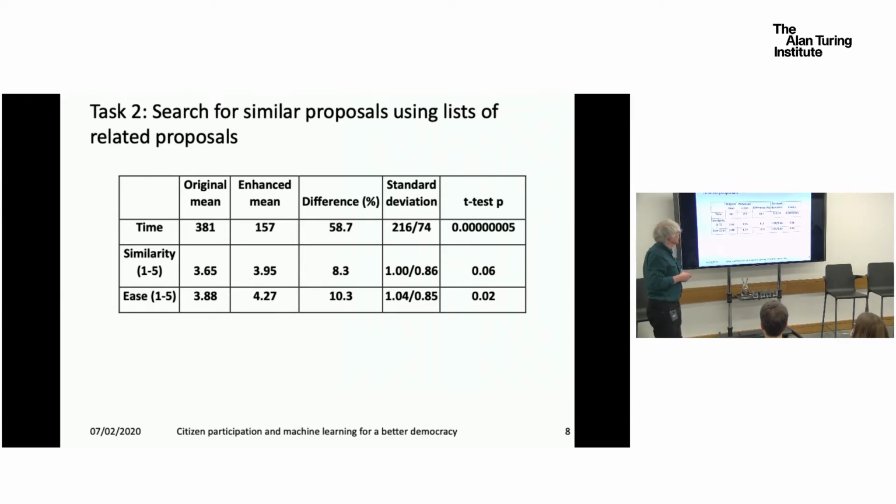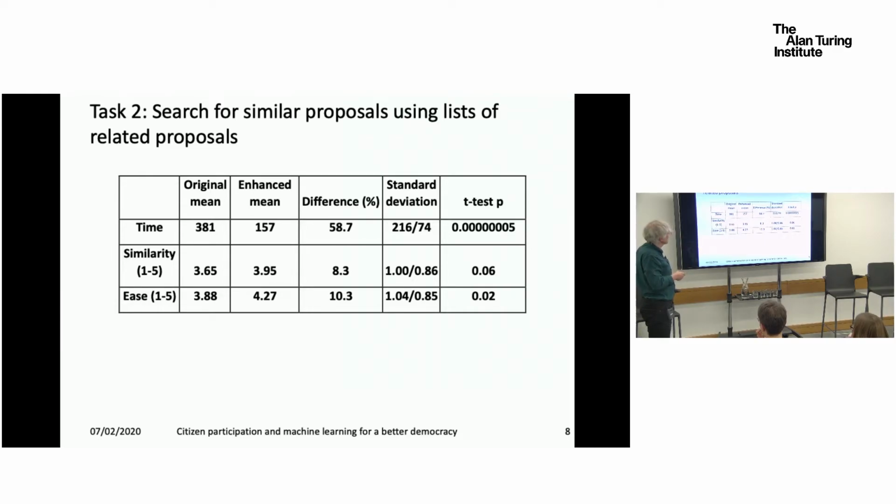And the p-figure is very, very significant indeed, 0.000000, etc. 5. So this result seems to be very robust in terms of people finding it much quicker to find similar proposals using the related lists of proposals in the enhanced version, which was generated by using NLP to match the current proposal against others in the dataset.